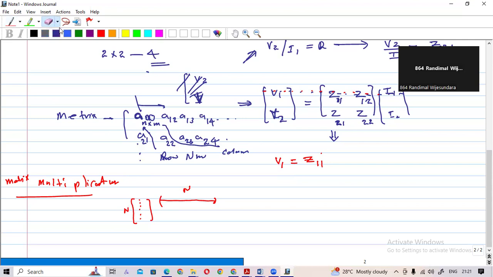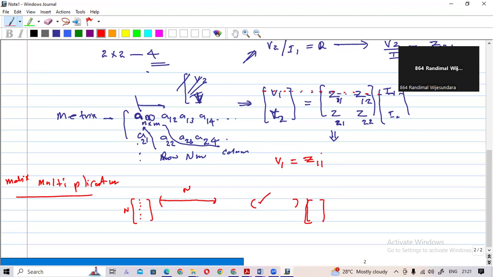Normally, in matrix multiplication, we first consider the rows and the columns.